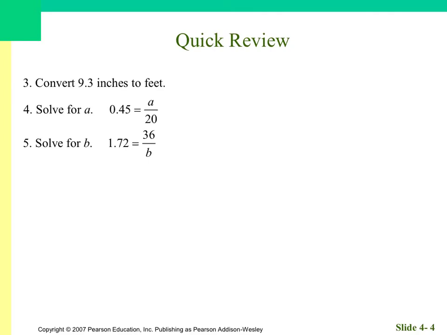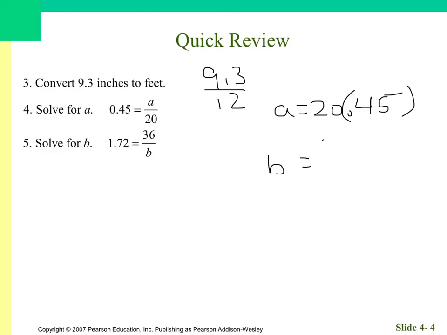Convert 9.3 inches to feet. 9.3 divided by 12, whatever that is. Solve for a here. It'd be a equals 20 times 0.45. And this one, it would be b equals 36 divided by 1.72.